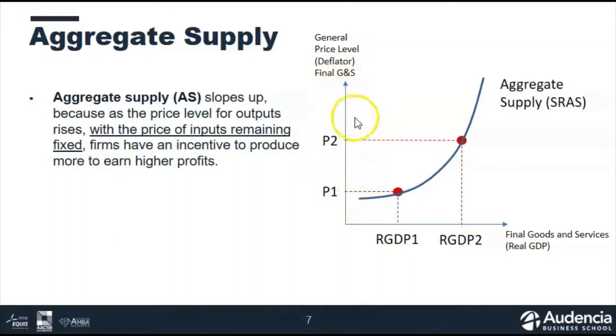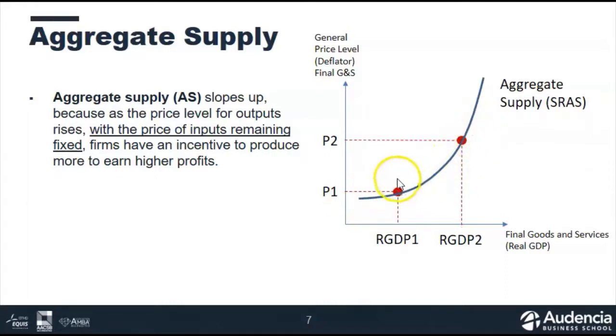So as prices go up for my final goods and services, my costs are the same, I'm going to produce more and make more profit. So there's a positive relationship between prices and production.